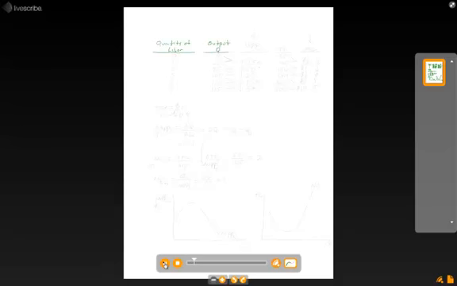Then we're going to calculate our marginal physical product of labor. In the fourth column, we will have our total cost. And in the last column, we'll be calculating our marginal cost.